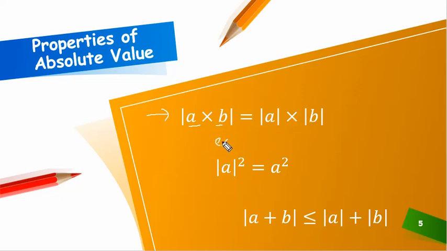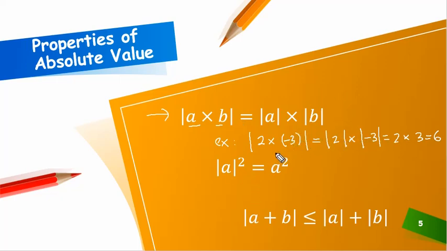For example, the absolute value of 2 times, let's say, minus 3 equals the absolute value of 2 times the absolute value of minus 3, which is 2 times 3. Okay, so it's 6, right?